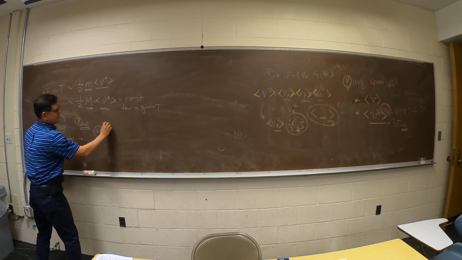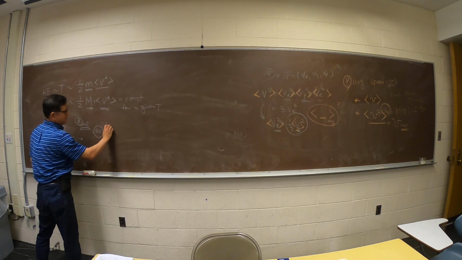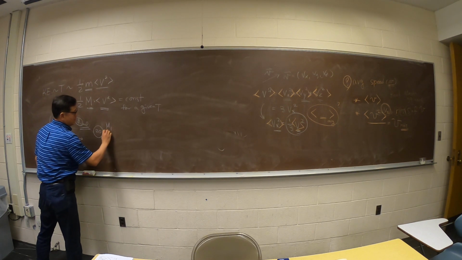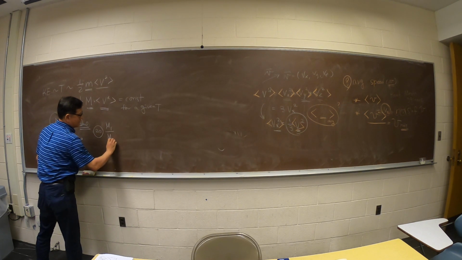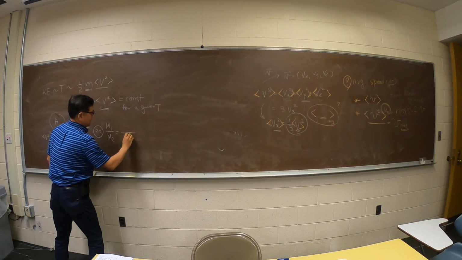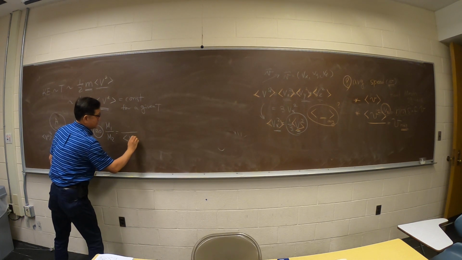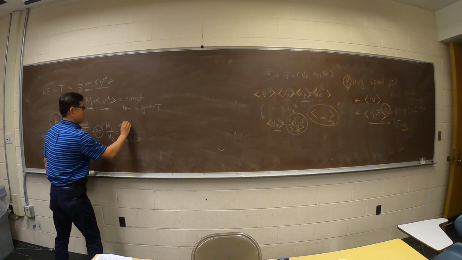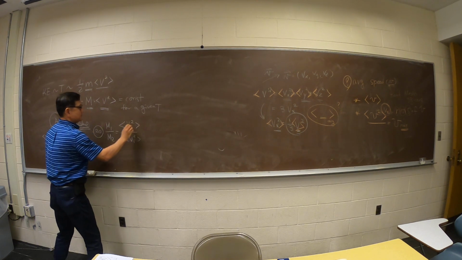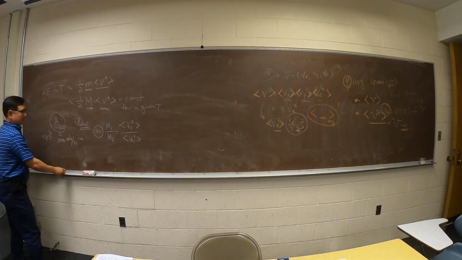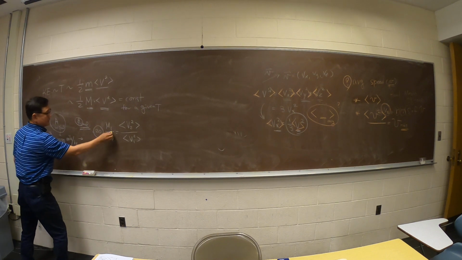And if you do this, same kinetic energy, so M1 over M2 is V1 square over V2 square. And then this ratio is 20.